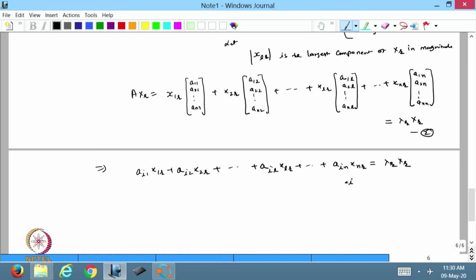So, i is moving from 1 to n and r is also moving from 1 to n. This we have taken corresponding to lambda r. So, this is true for all i. That is equation number 3.